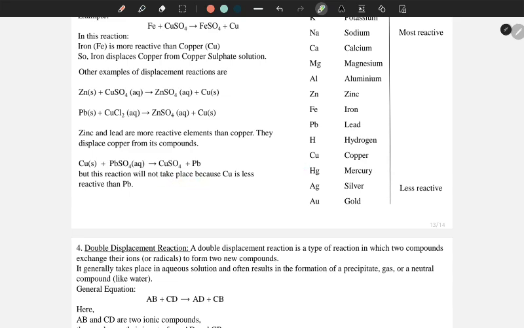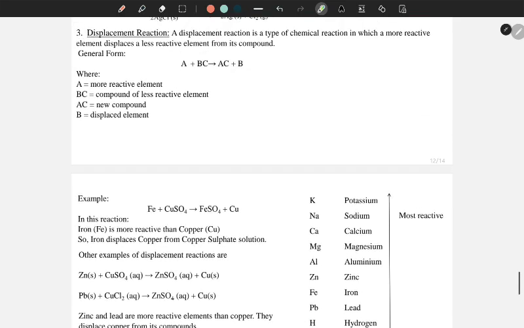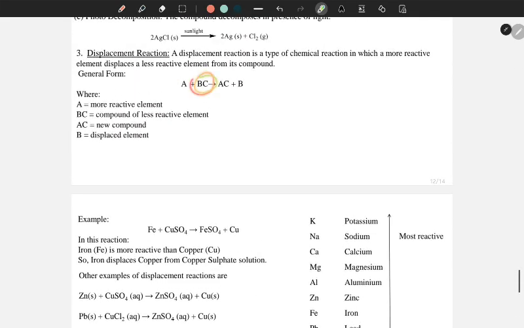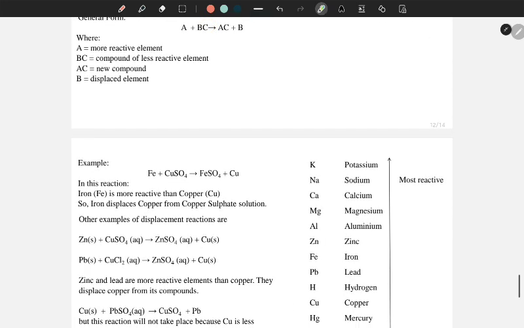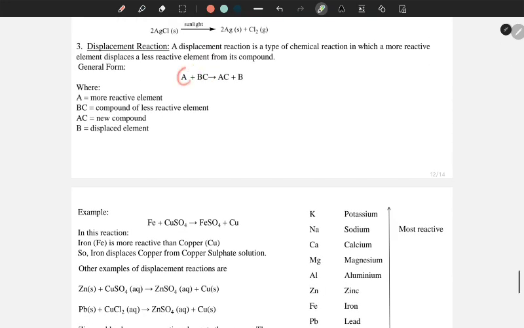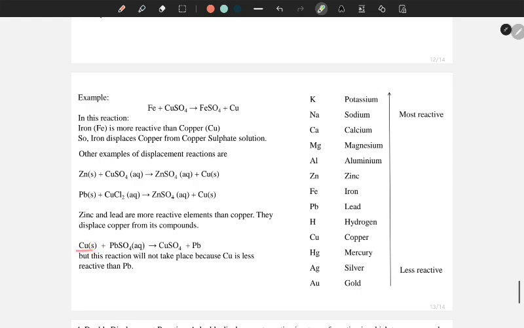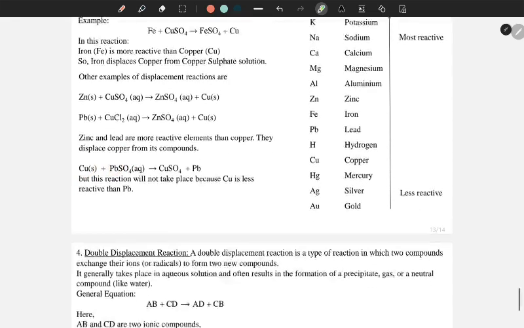Always remember, the first element A should always be more reactive than the B in the BC compound. Here this reaction cannot take place because lead is more reactive than copper.